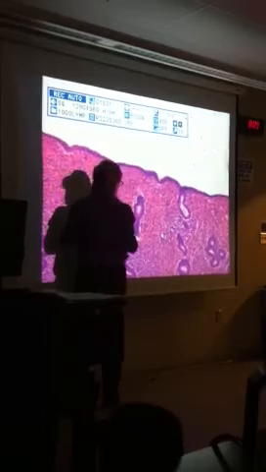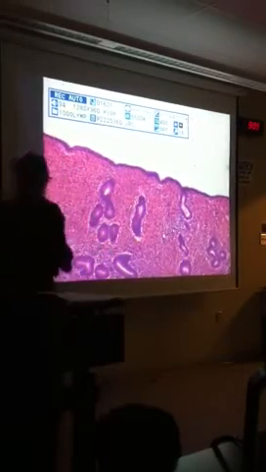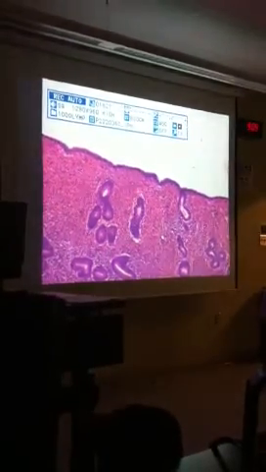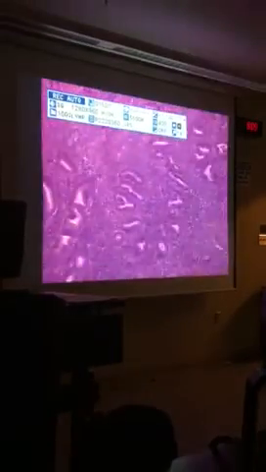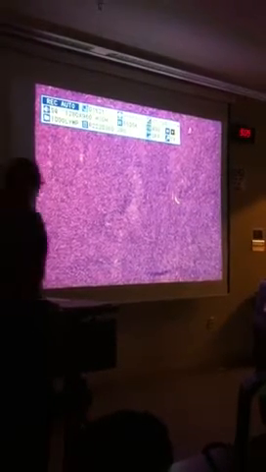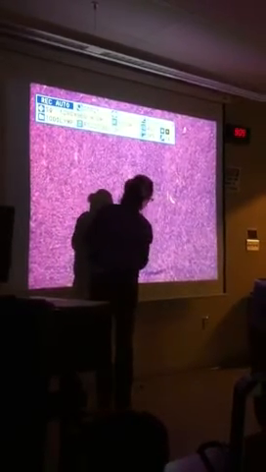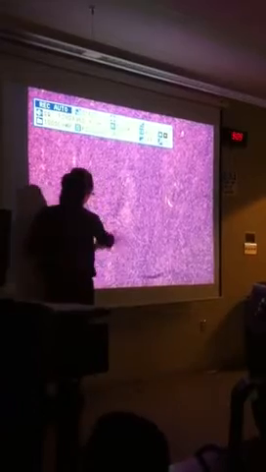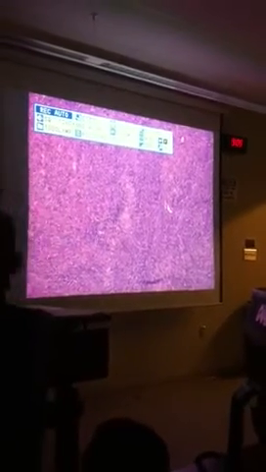And this whole area here is the endometrium. If we go deeper, then you should start being able to see that these are smooth muscle cells. They're running at different angles, but these would be smooth muscle cells, so that would be the myometrium.